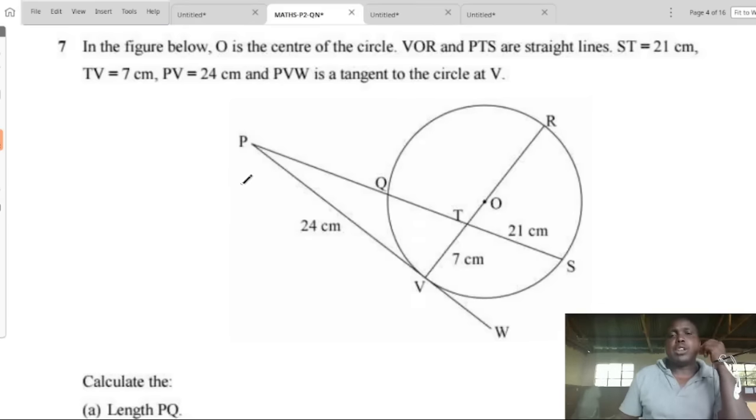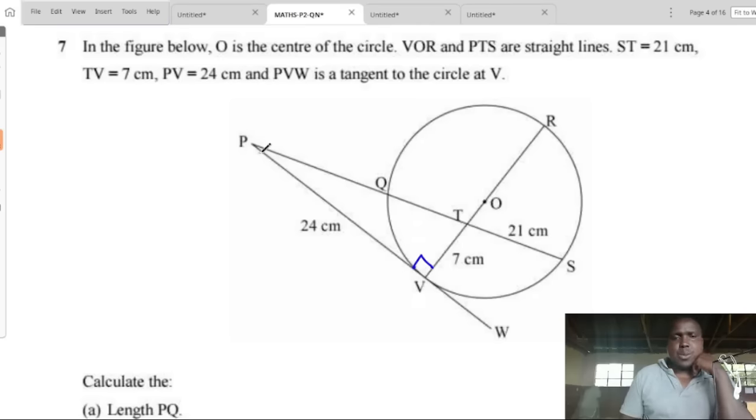I have taught you these chords and tangents, but you need to remember that the tangent from the tangent to the radius, to the center, is always 90 degrees. It forms a right angle triangle. The radius and the tangent are at 90 degrees.